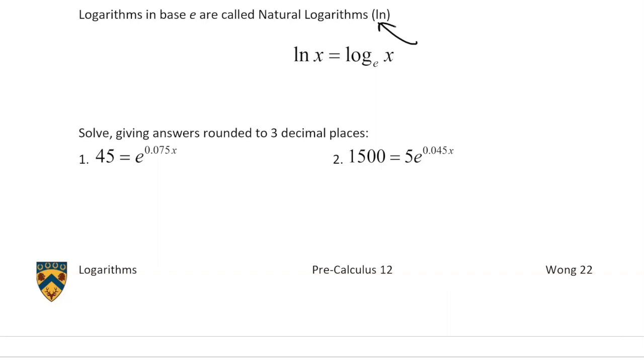So if you look on your calculator, on the left side below your log is your ln, and you should take a look at that. And basically what ends up happening is this. When we talk about logs, they're denoted in base 10. And so if you have something like log base 10 of 10, that equals 1 by definition.